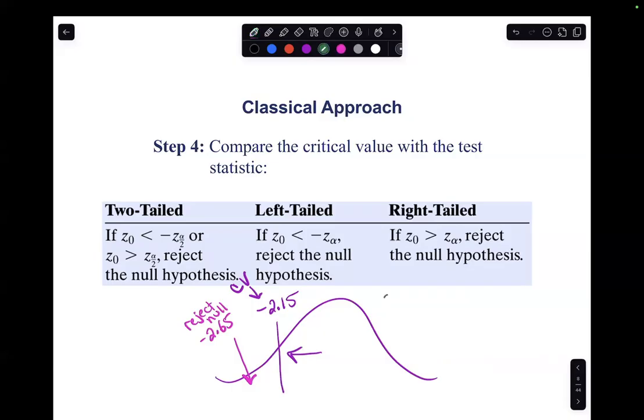But if it lands in here, then let's say that it was negative 2.01. I'm making up numbers here. So it's inside. It's definitely closer to that line than my arrow is. Then I would fail to reject.